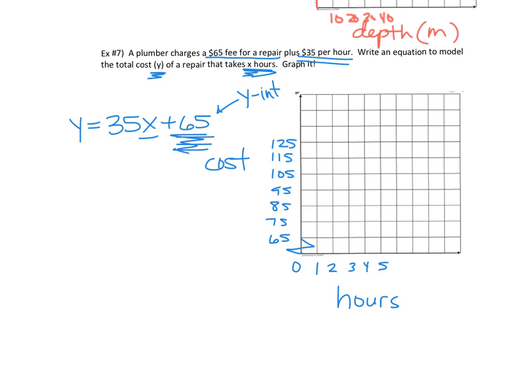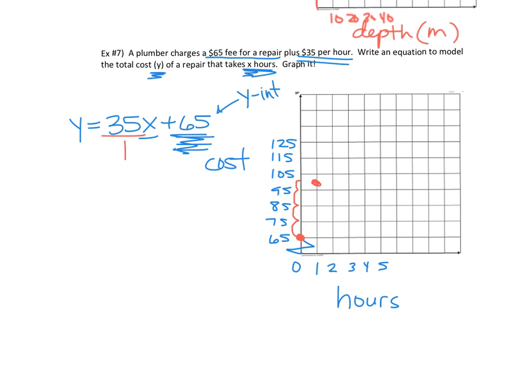So if we're going to graph this, 65 is our y-intercept. That's going to go right here. Then from there, we need to go up 35 over how many? Over 1. So if I go up 35, that's 10, 20, 35, and over 1 would put me right there.